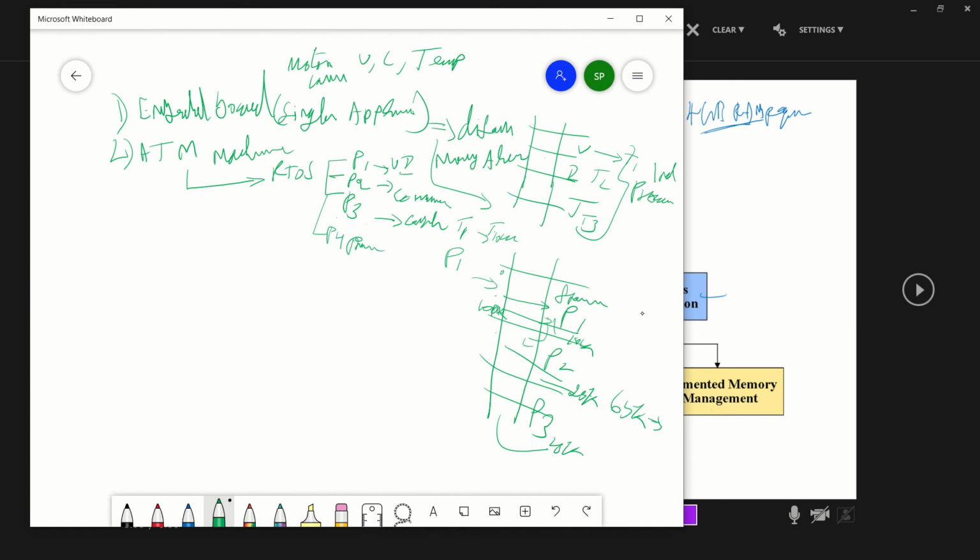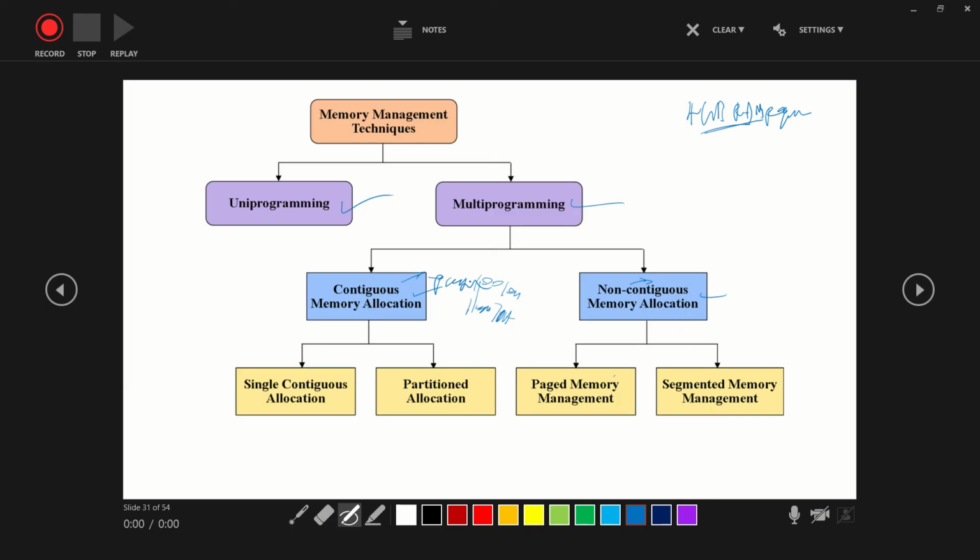We split the memory, and where free space is already available in an allotted segment, we allocate process 4. That is called non-contiguous memory. So, contiguous memory and non-contiguous memory.